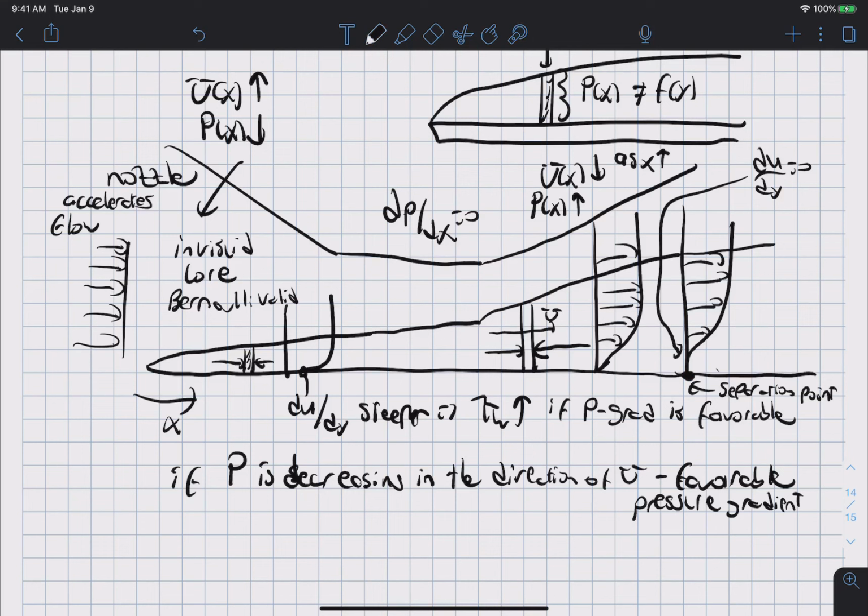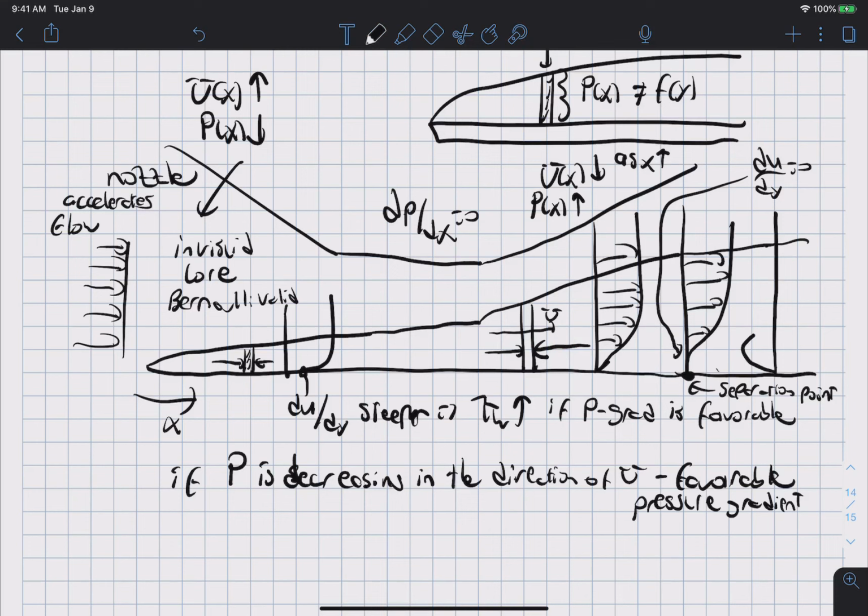If we go downstream of this, the flow in a portion of the boundary layer is actually going in the reverse direction. These pressure forces have pushed so hard to the right against the flow that they've actually forced it to go backwards.